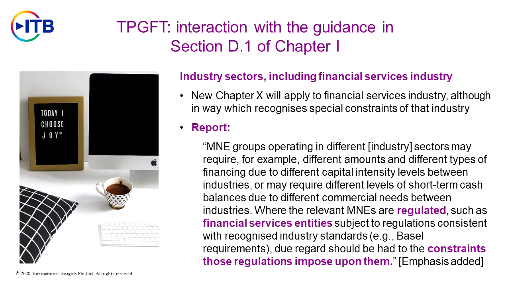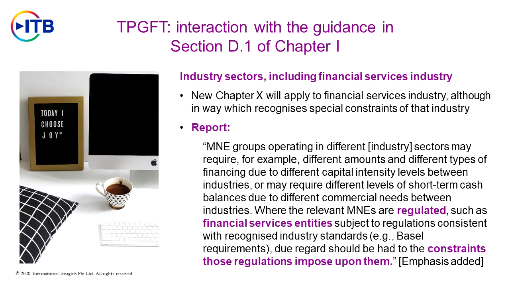The report indicates that the new Chapter 10 will apply to the financial services industry, although in a way which will recognise the special constraints of that industry. The report says this: MNE groups operating in different industry sectors may require, for example, different amounts and different types of financing due to different capital intensity levels between industries, or may require different levels of short-term cash balances due to different commercial needs between industries.